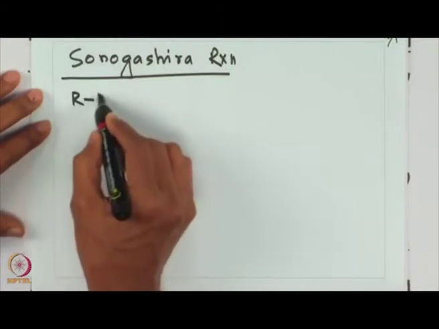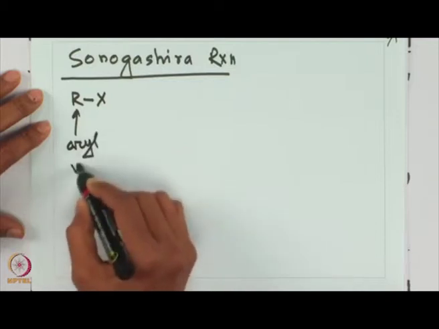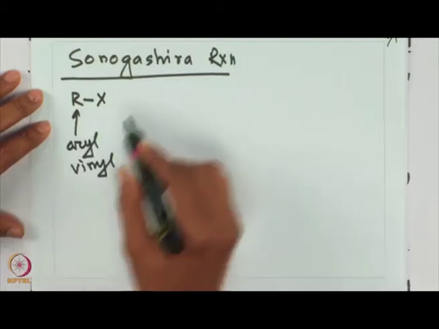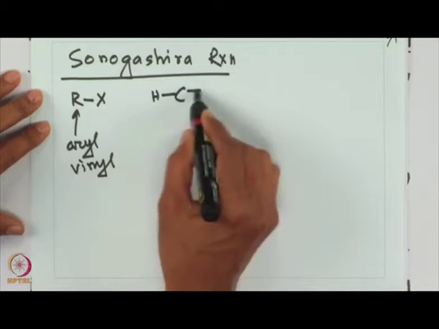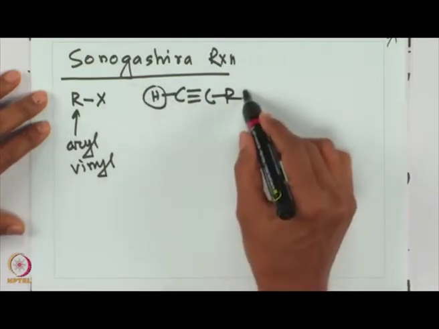You are taking RX, this R is aryl or vinyl, that is it, and you are having a terminal alkyne. Okay. So, this H is there.